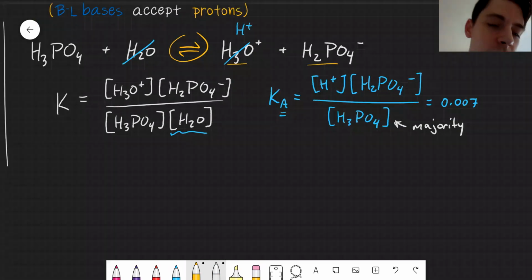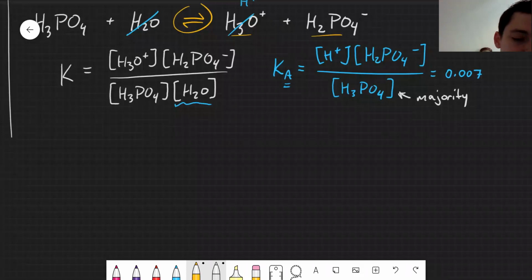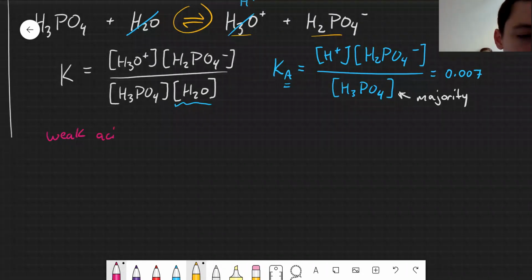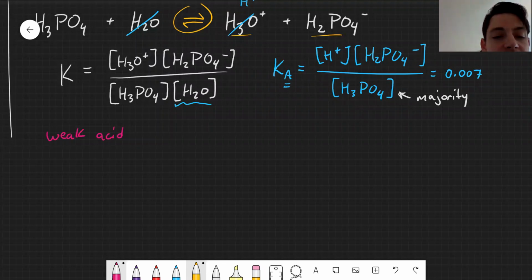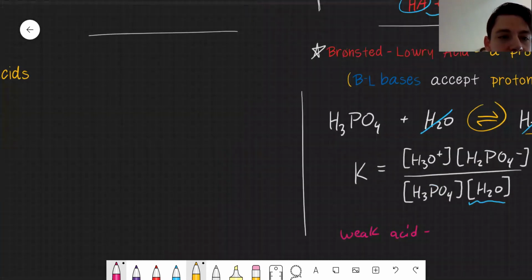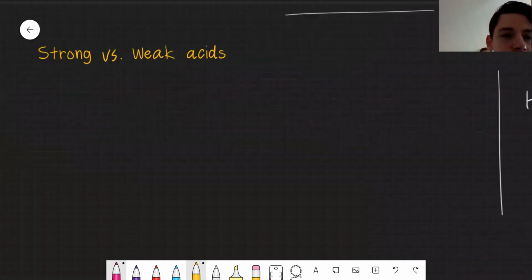All right, so we get a little bit more space here. Okay. So a weak acid is an acid that does not dissociate readily in water.